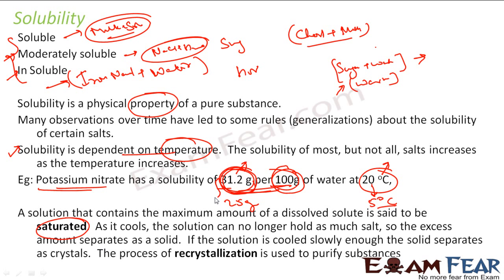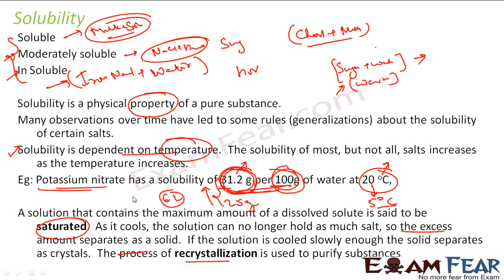Now the extra 6.2 grams will come out, and that will be a solid. This process is called recrystallization, or precipitation also.